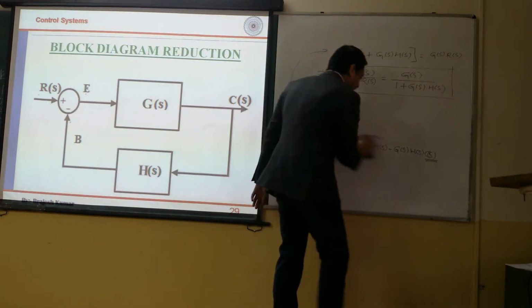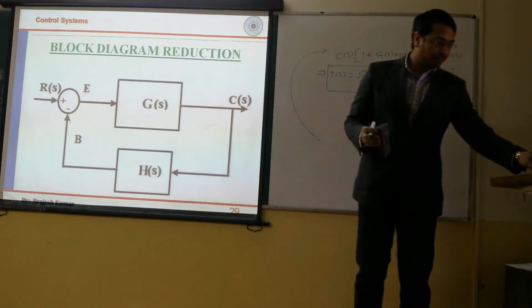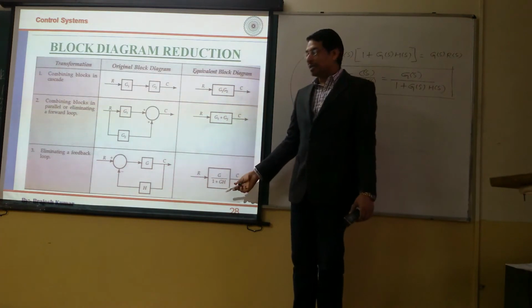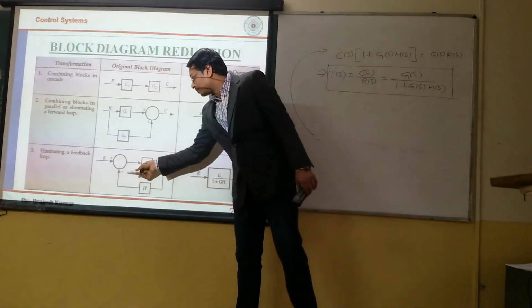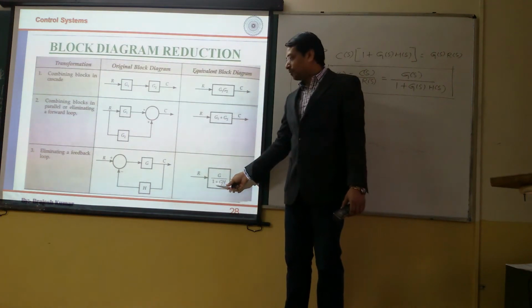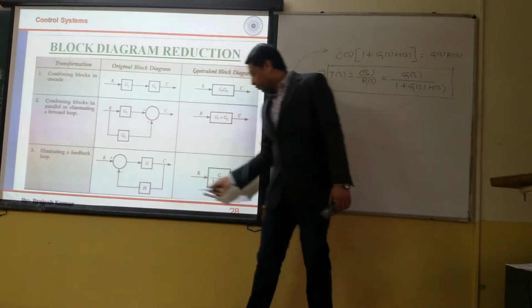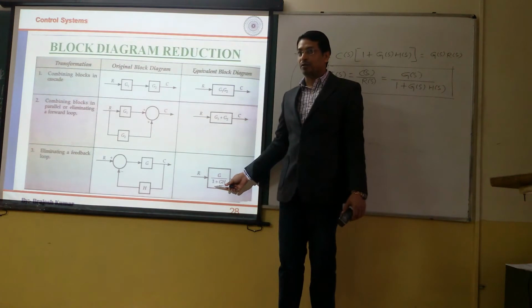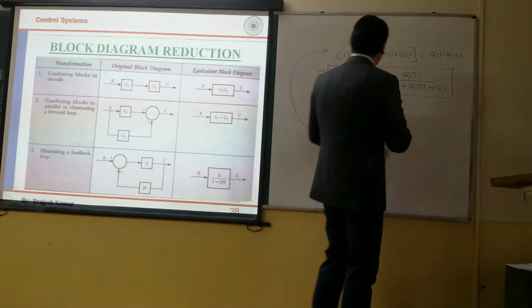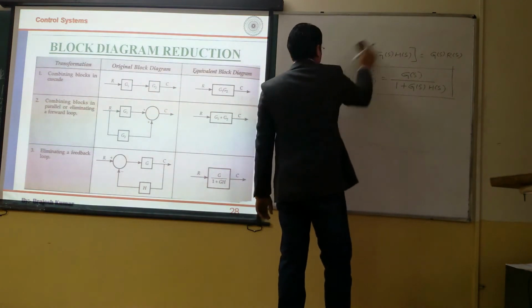Note that if your feedback is negative, here the sign becomes positive, and if it is positive, it will be negative. I am not going to solve for the positive case.